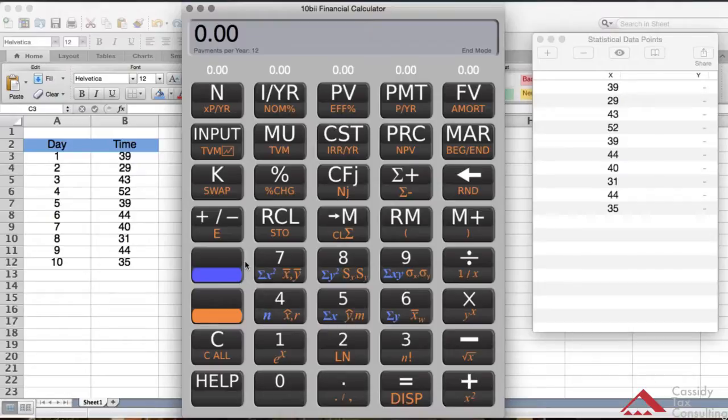I'm going over standard deviation on page 142, using the same time and day data that we used in the last video to calculate the mean.